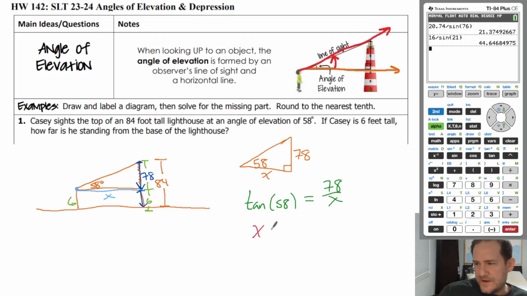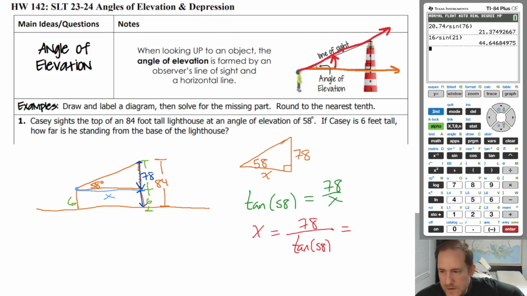So x is going to equal 78 divided by tangent of 58, which equals 1.34.